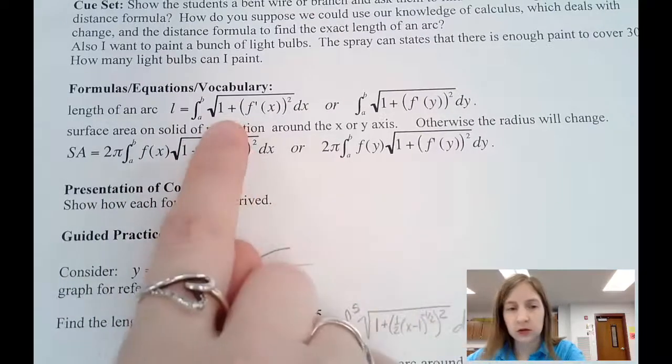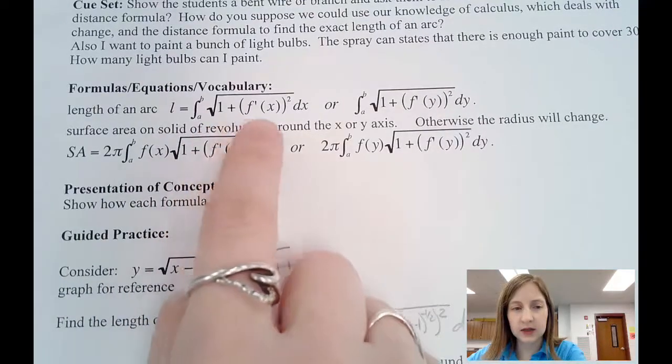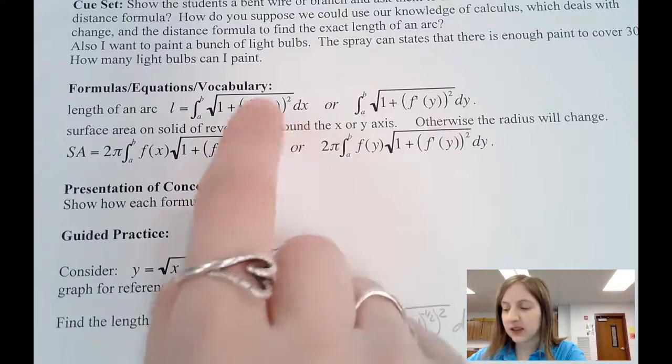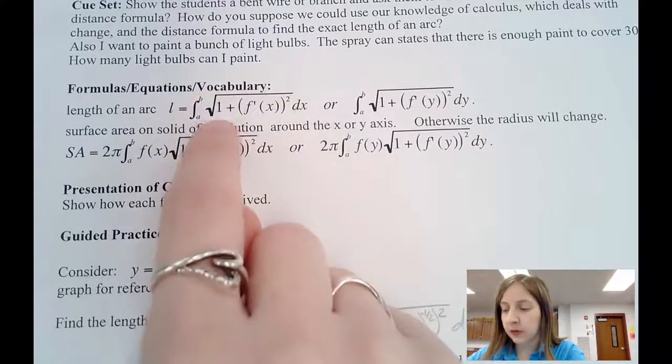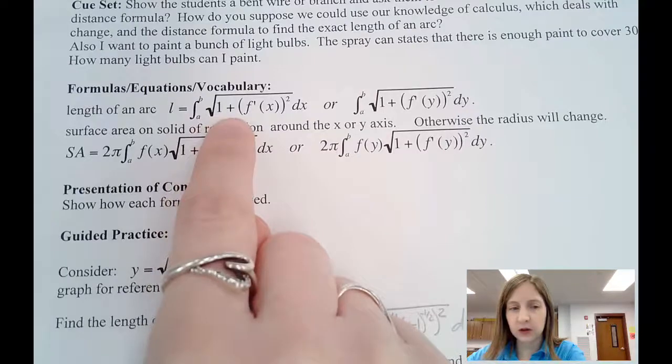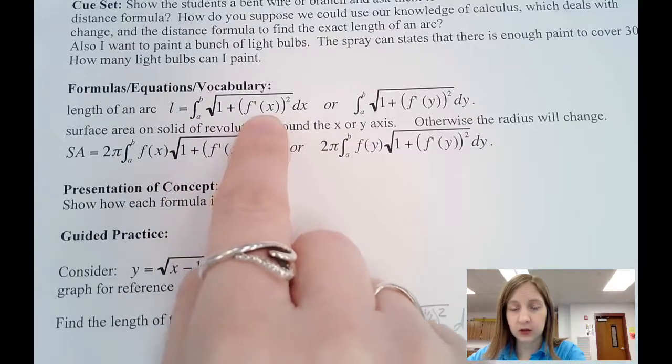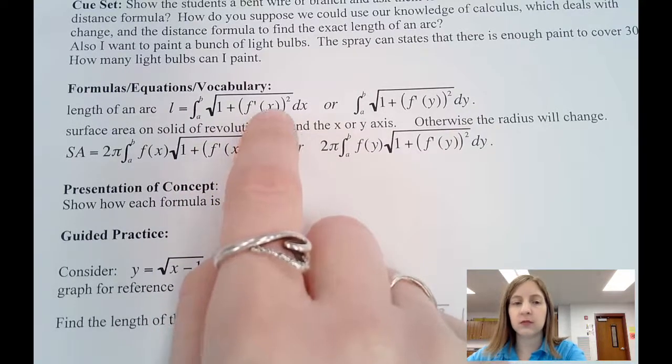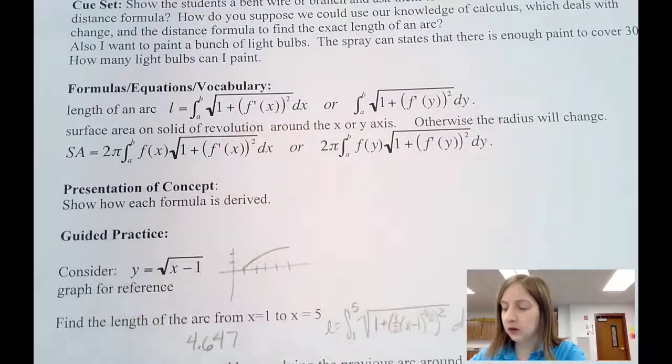Here we're finding all of these little tiny lengths. This is kind of like the distance formula, right? Square root of the distance one direction squared plus the distance the other direction squared, Pythagorean theorem. But for every little tiny section, adding those all together.